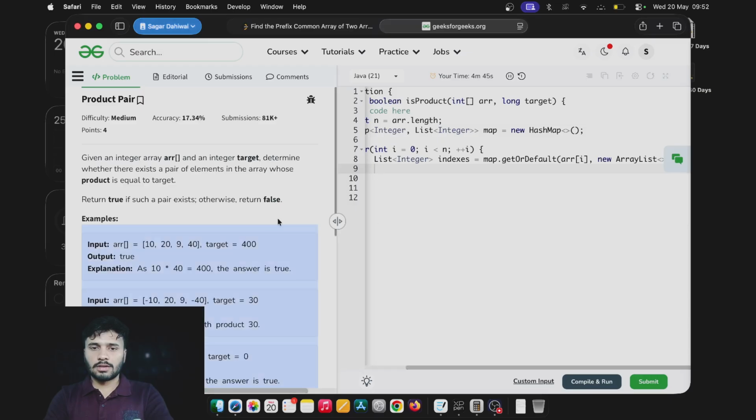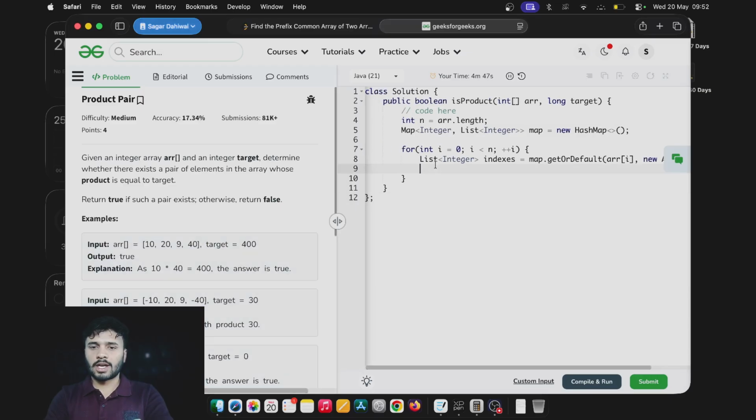And we just indexes dot add I, and at first put array of I access.